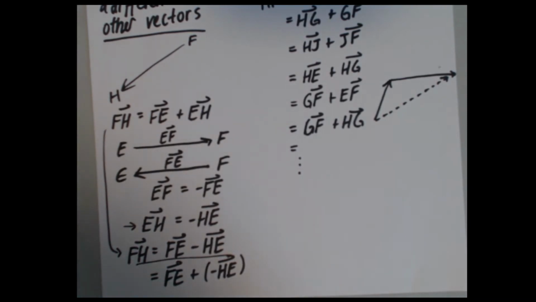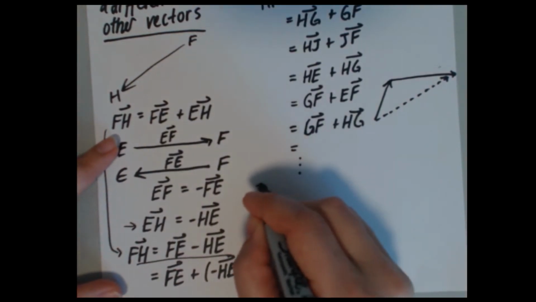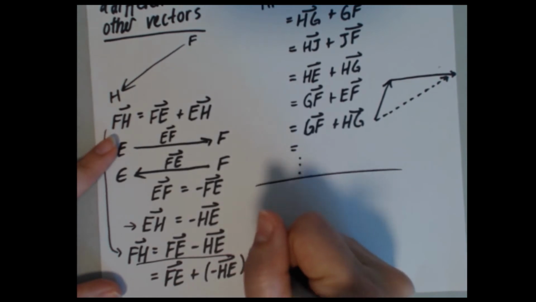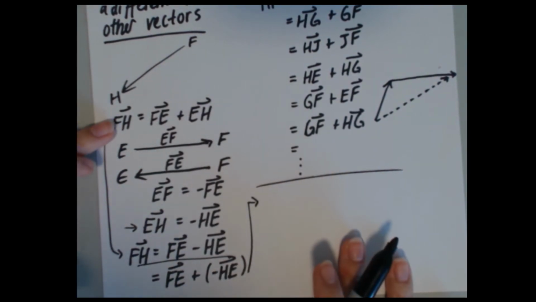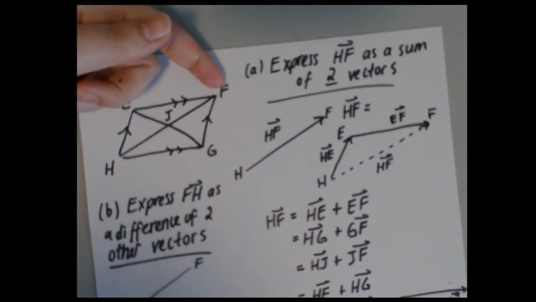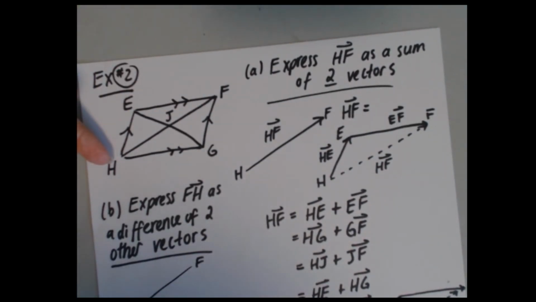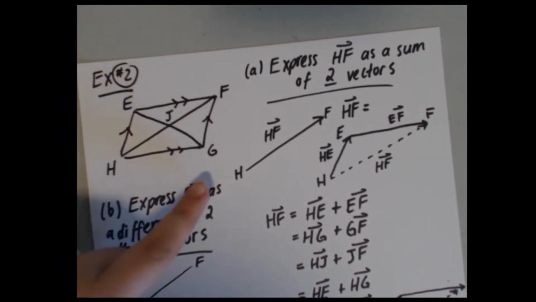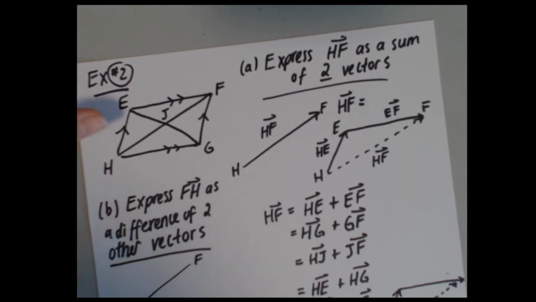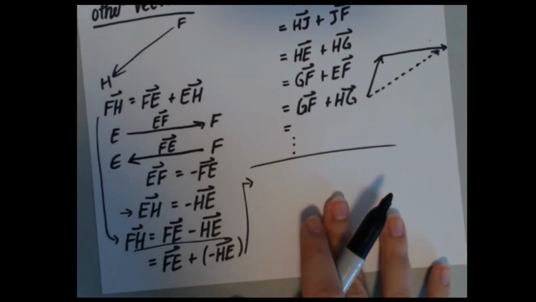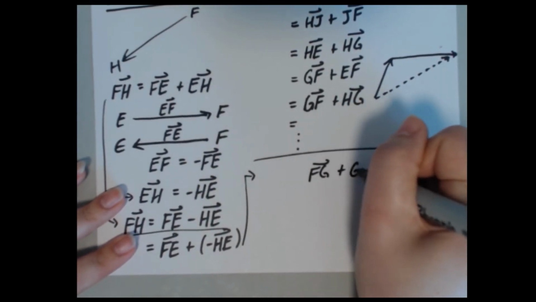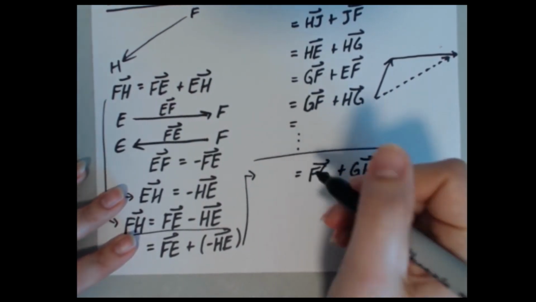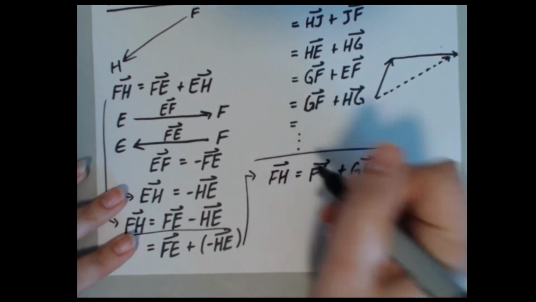Okay, let's just do 2 more, just so you get the idea. So we're going to continue this over here with another example. So we've got FH, right? So remember FH is like this, right? So from F all the way down to H. So we're actually going to express that as now FG plus GH, and that's equal to FH.